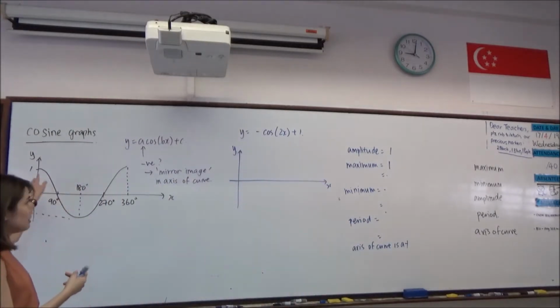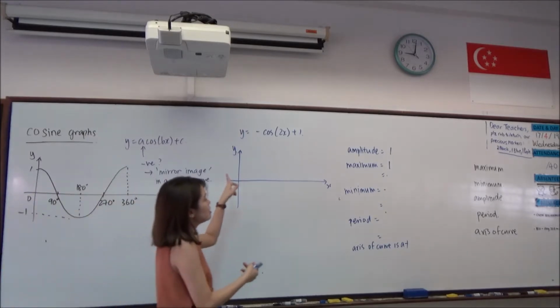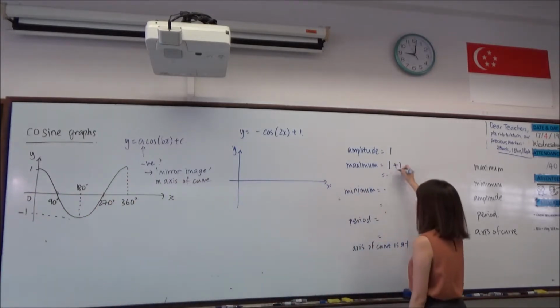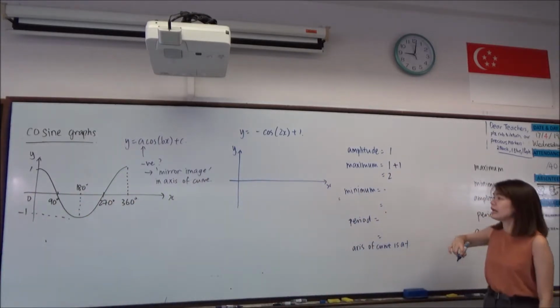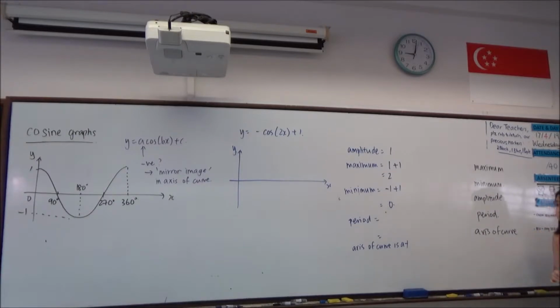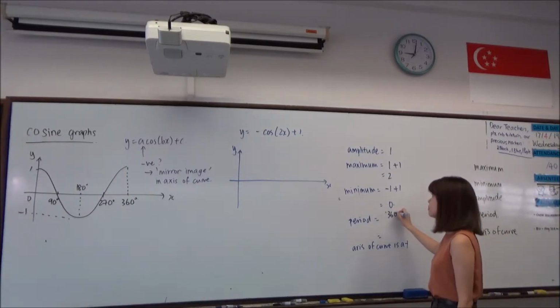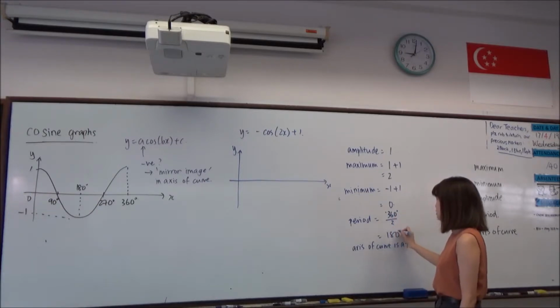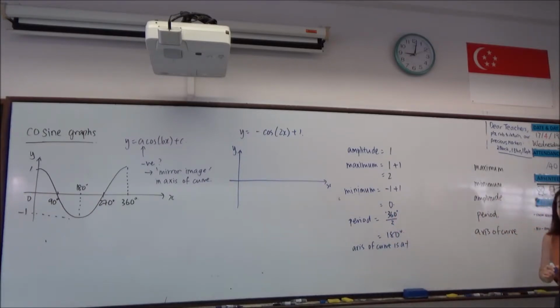So 1 plus 1 will be 2. Then the minimum will be negative 1 plus 1, so that will be 0. The period in this case is 360 divided by 2, 180 degrees, and the axis of curve will be at y equals 1.